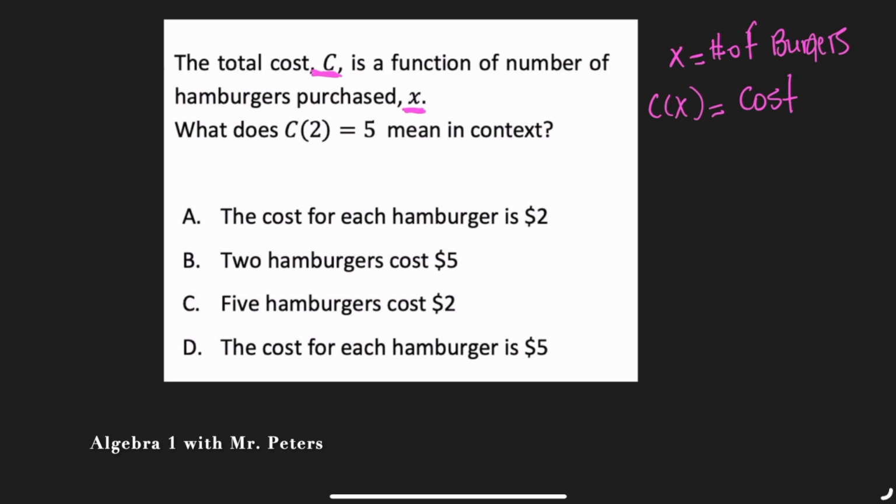So remember that C of x is just that number on the opposite side after we solve. So when we look at this, we ordered 2 hamburgers, and then it cost us $5. So when it comes to function notation and understanding what the problem is asking us, this is why it's so important, because we make the problem 10 times easier.